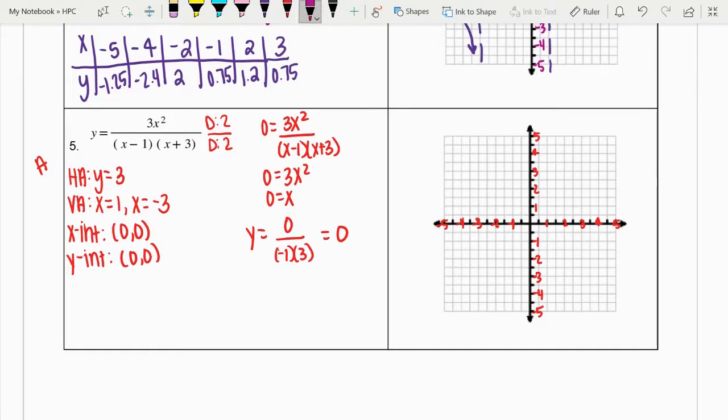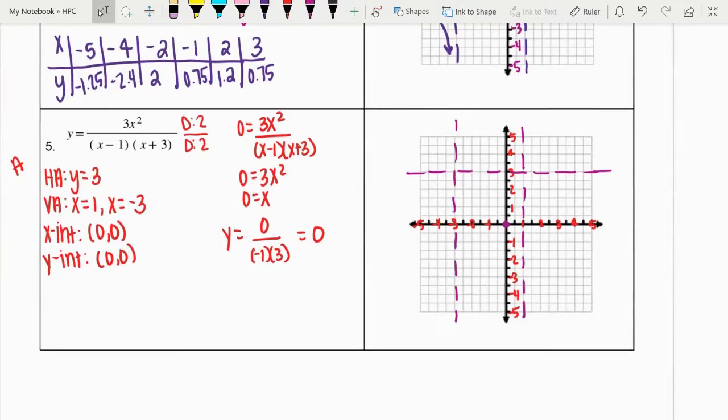Okay, so then I am going to have my horizontal asymptote at y equals positive 3. And my vertical asymptotes at x equals positive 1. And at x equals negative 3. Okay, and the only point that we know right now is 0, 0.